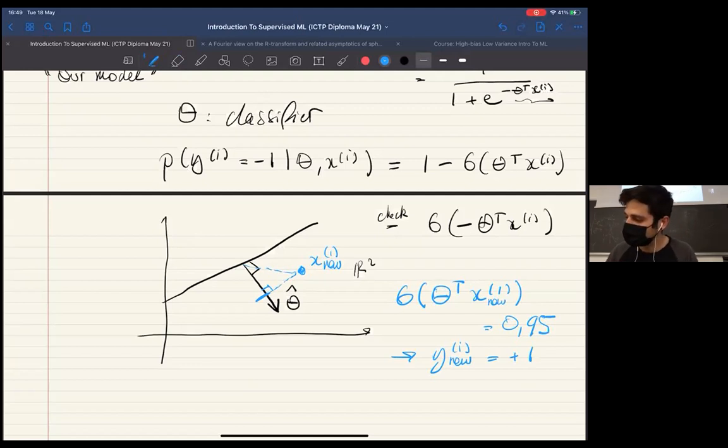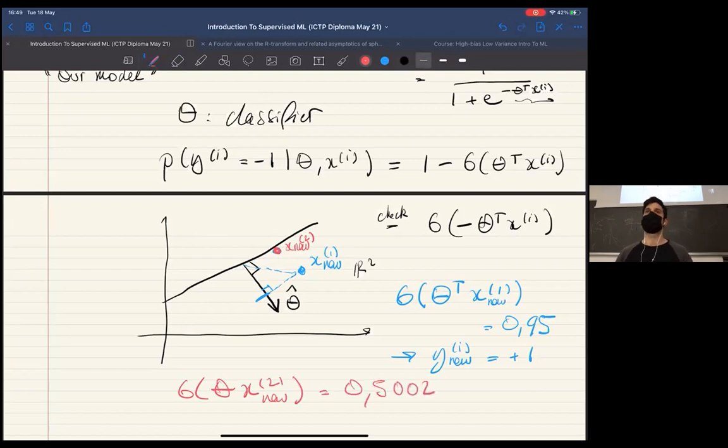While if instead the point was very close to the decision boundary here, let's say this one is x new 2, then you project your new point onto your classifier. You obtain a probability which would be 0.5002, for example.